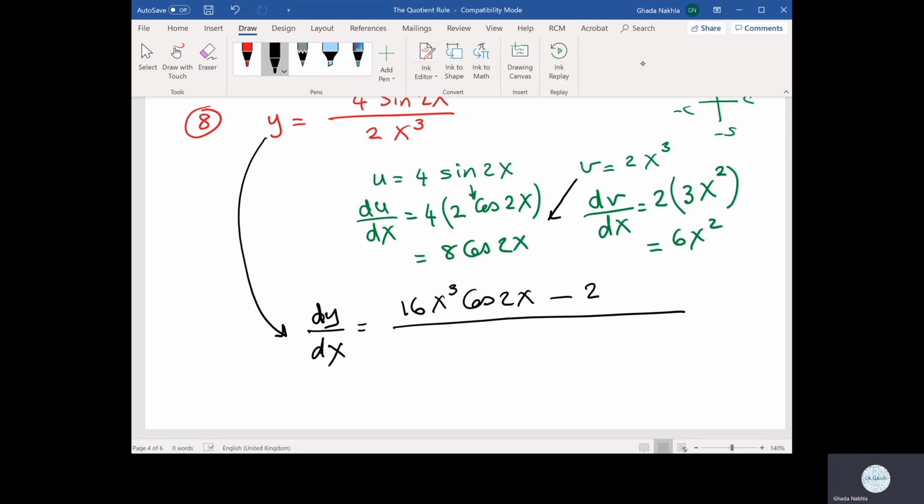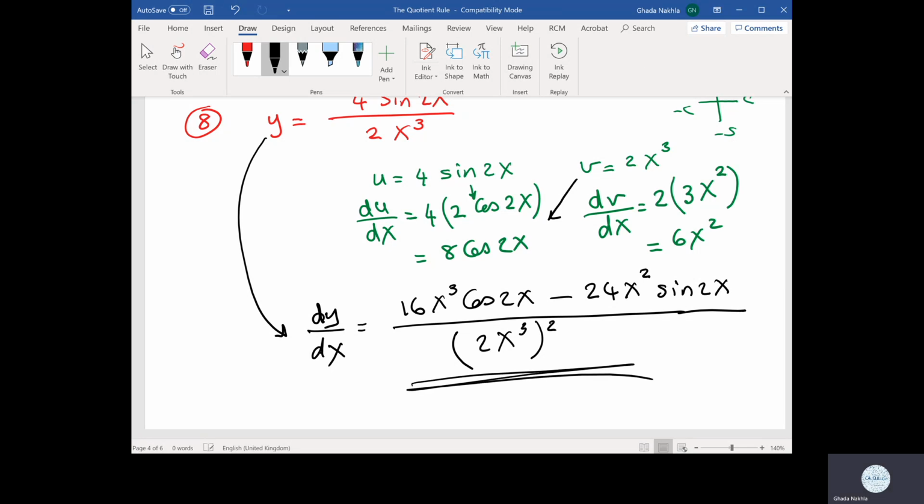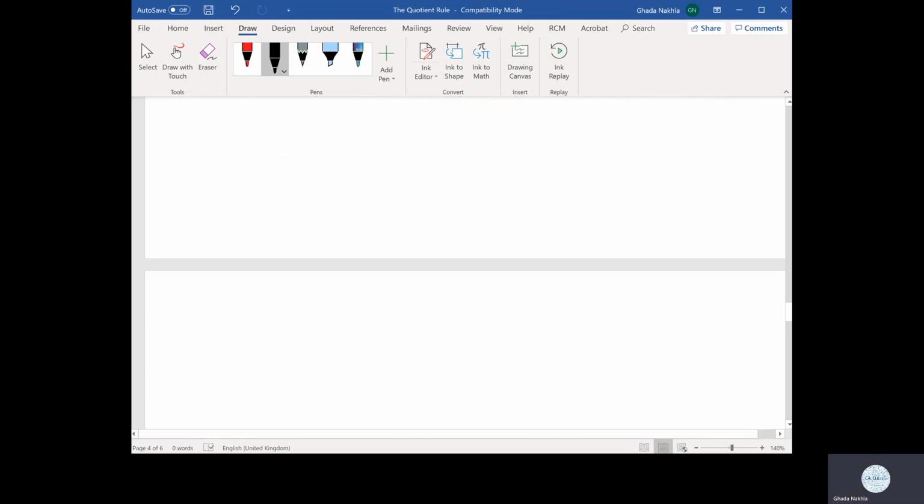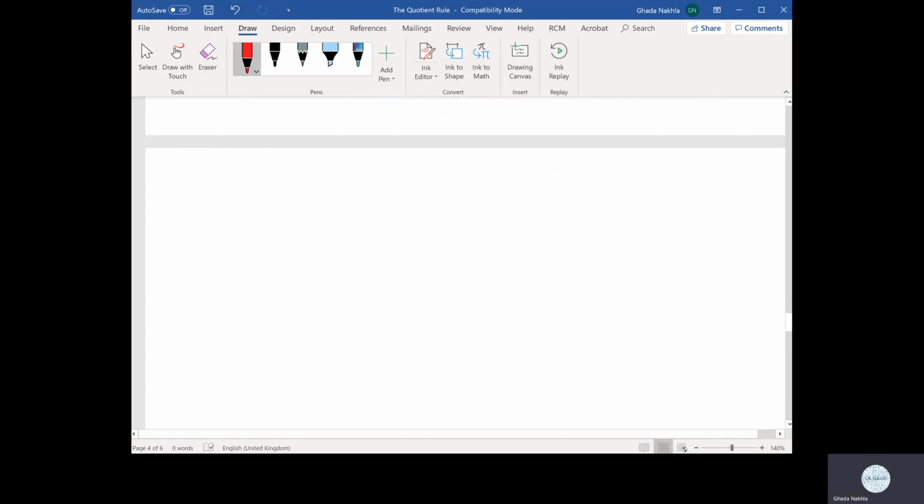So 6 times 4 is 24 x squared sine 2x divided by v squared, which is 2x cubed all squared. So it's 4x to the 6. And again, we can simplify it if you want to. Okay, let's take a look at the next question.